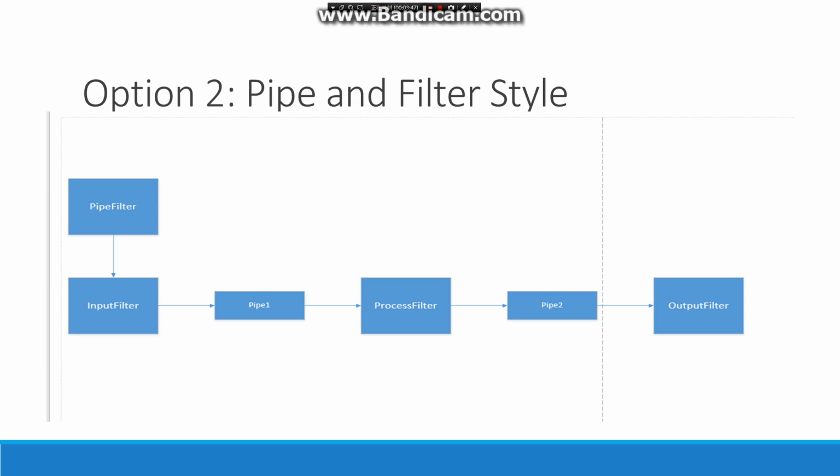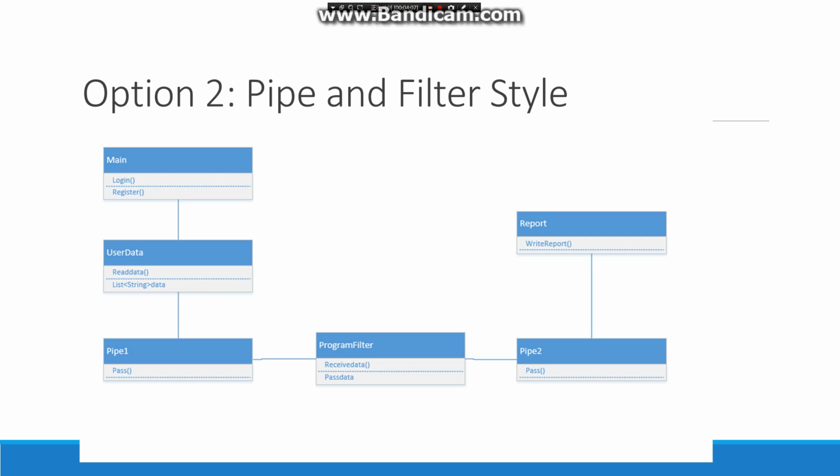And the second option is the pipe and filter style: the input filter to pipe 1, and to the process filter, and to pipe 2, to the final output filter, just like we did in assignment 1, pretty much. Here are the UML class diagrams.